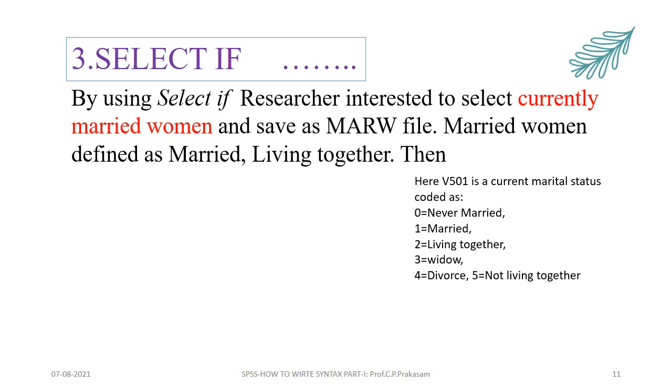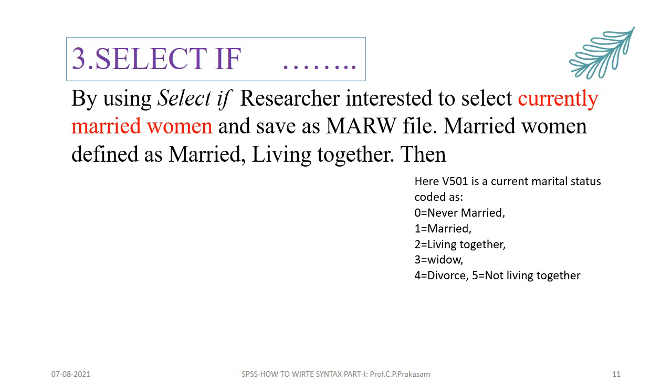Here it is. These are the codes given for the currently married woman: 0 equals never married, 1 is married, then living together, widow, divorced and not living together. But a researcher is interested to club married as well as living together and wants to identify the currently married women.